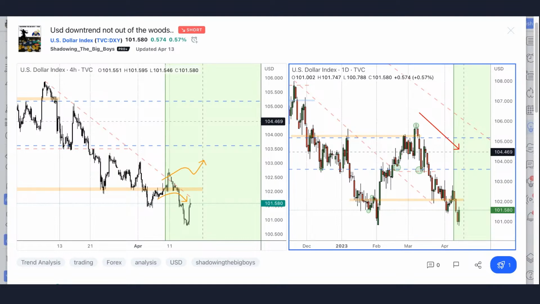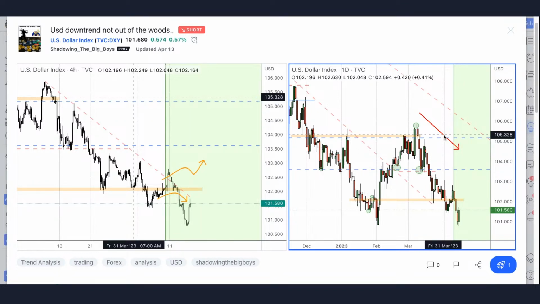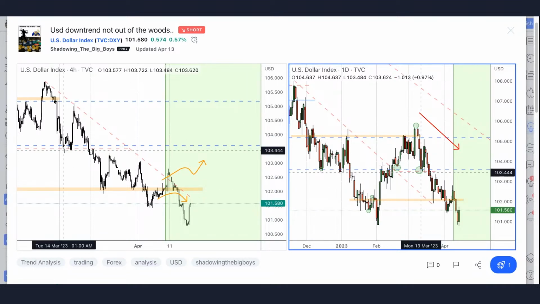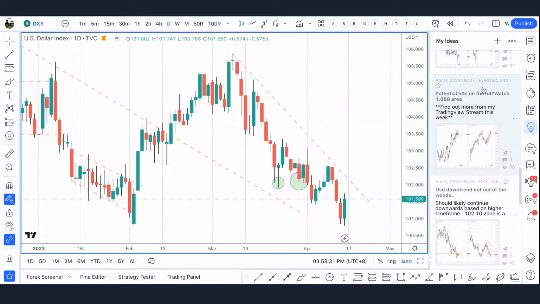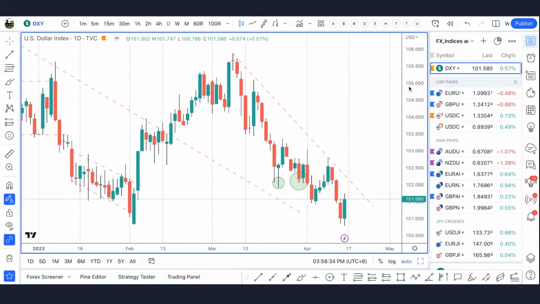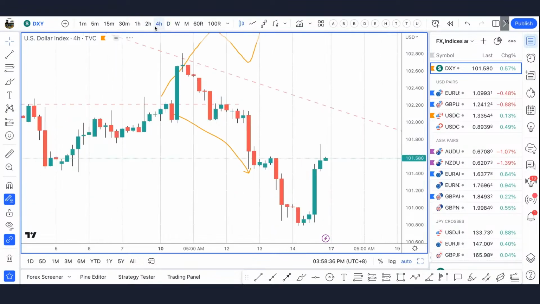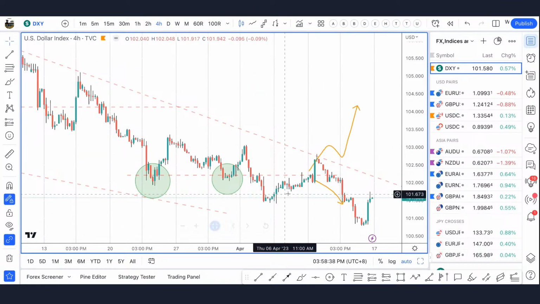Maybe you are a breakout trader. If there's a breakout and you wanted to go short, it depends on how you're going to enter your trade. As we can see from what happened last week, going down to the 4 hourly, I was mentioning this pattern over here.